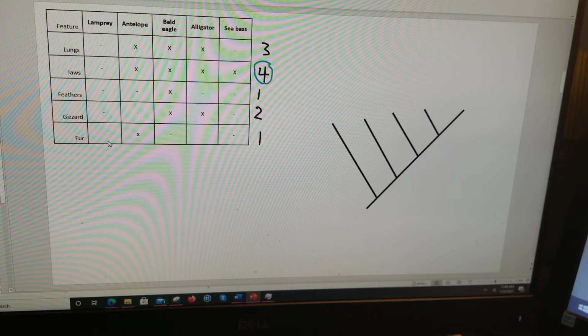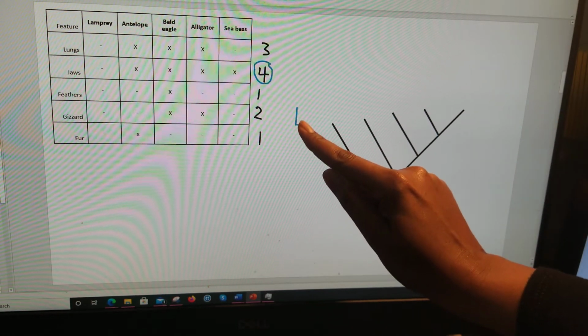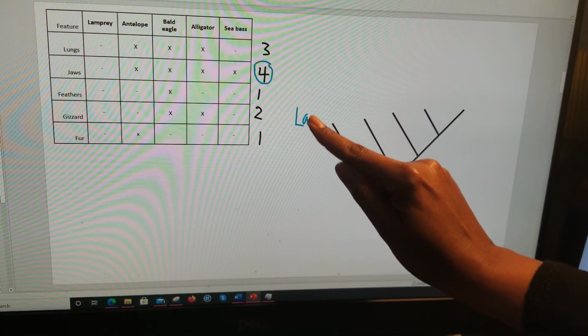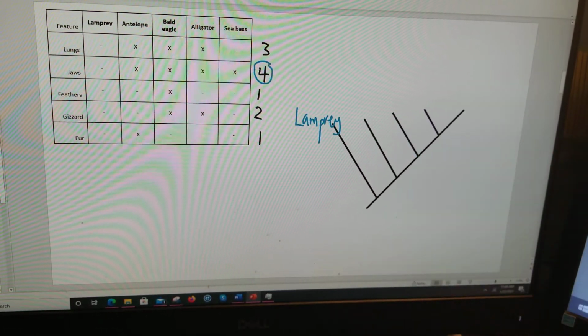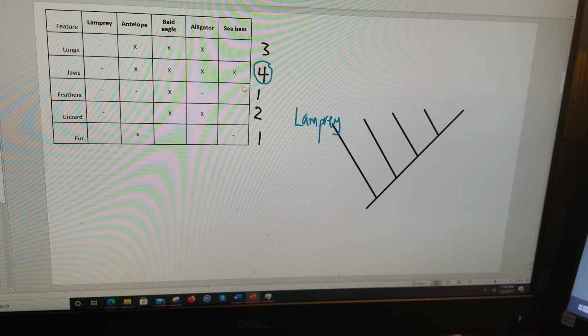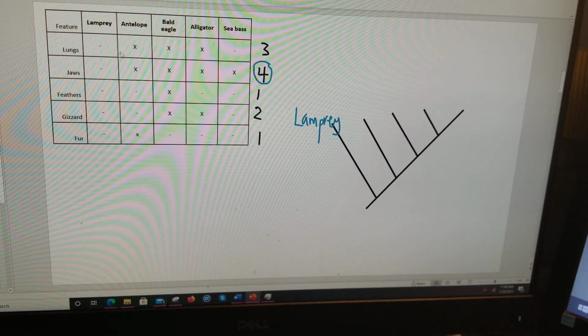So the more recent common ancestor would not include the lamprey in that group. The lamprey would have been an older ancestor of these other organisms here. So it means that the lamprey would be the first organism that we are writing down on our phylogenetic tree. And we already realized that there are 4 of them that have the jaws.